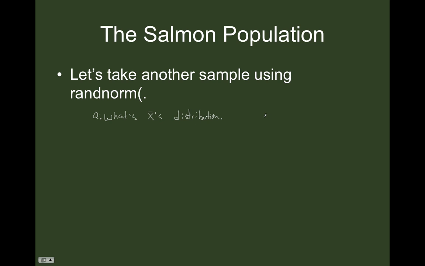I want to reiterate, to be very clear: we're assuming that x is normally distributed with a mean of 30 and a standard deviation of 5, but the question we're asking is, what is x bar's distribution? So that's what we're investigating.